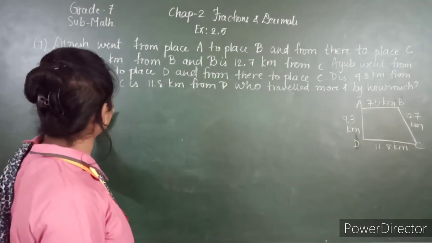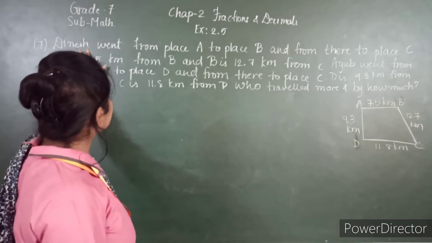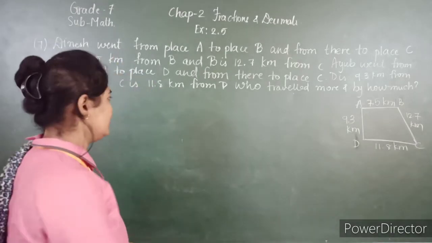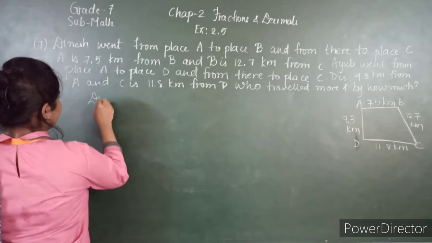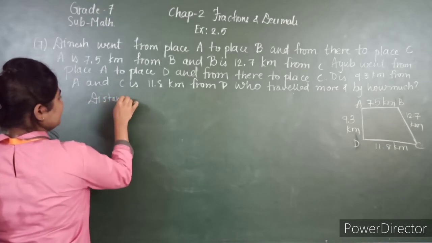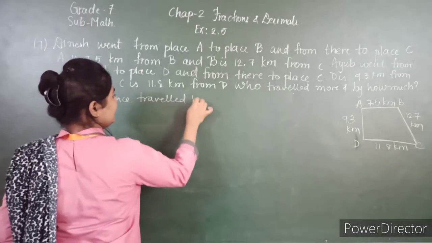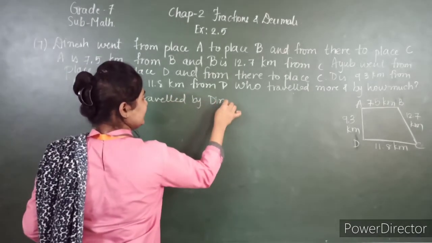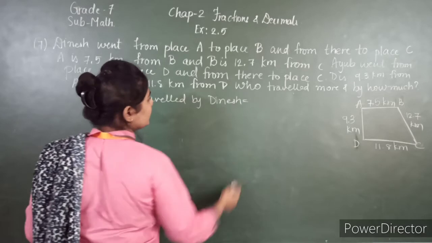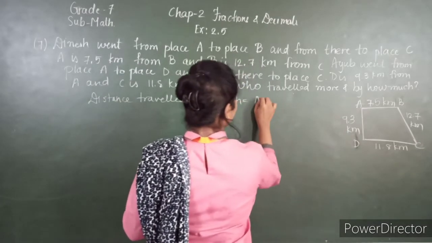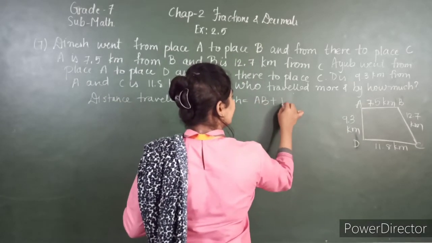So first of all we have to find out the distance traveled by Dinesh. Distance traveled by Dinesh is equal to AB plus BC.